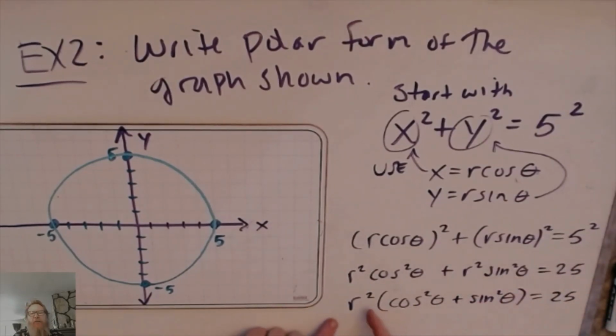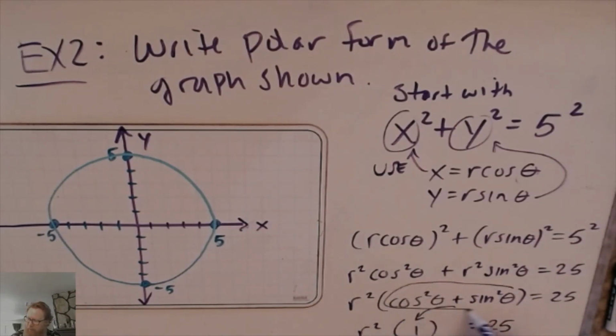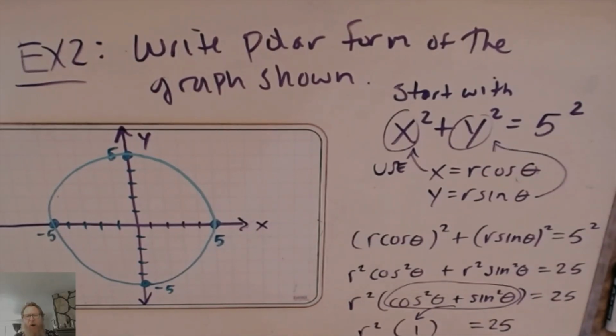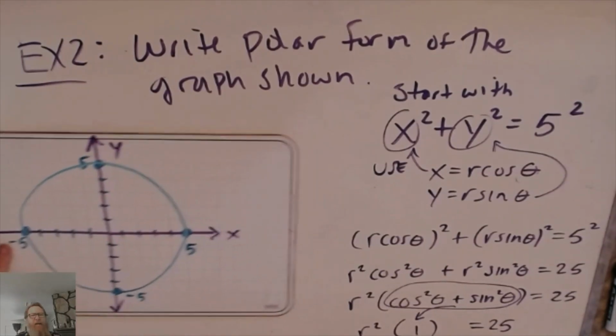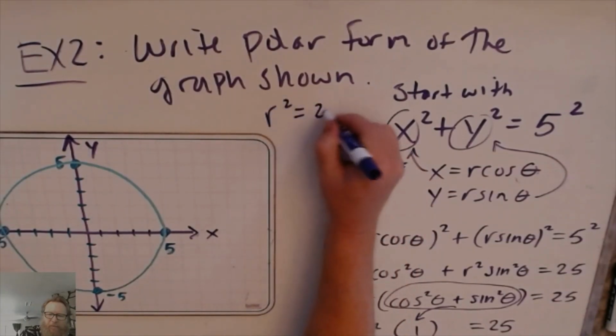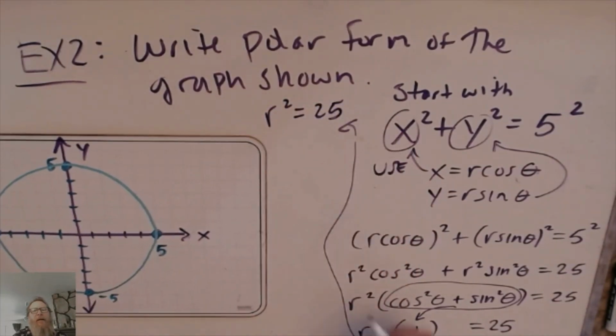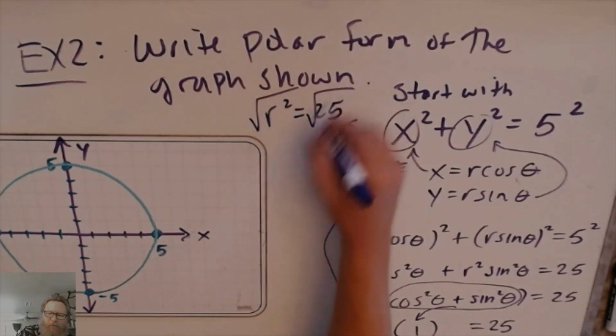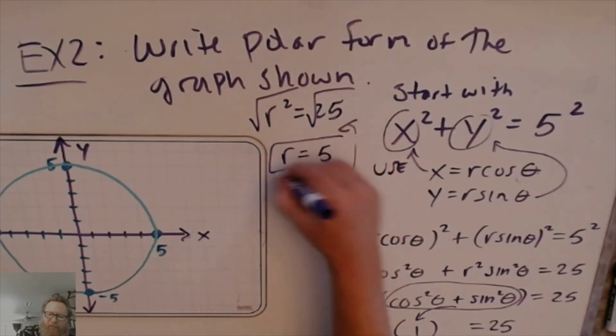So I'm factoring out my r. I'm using a Pythagorean identity, sine squared plus cosine squared equals 1. And so my answer is just r squared equals 25. Okay, and so we take the square root of both sides. R is 5.